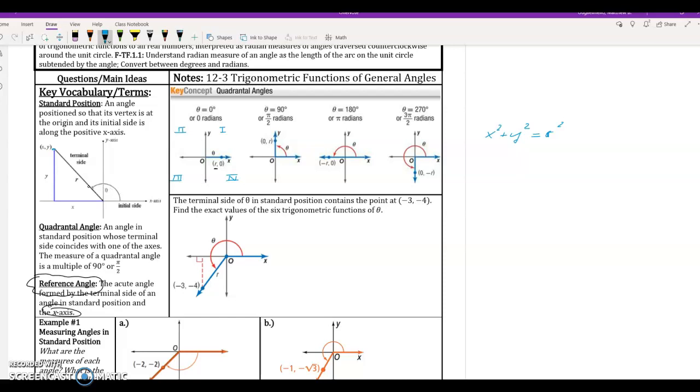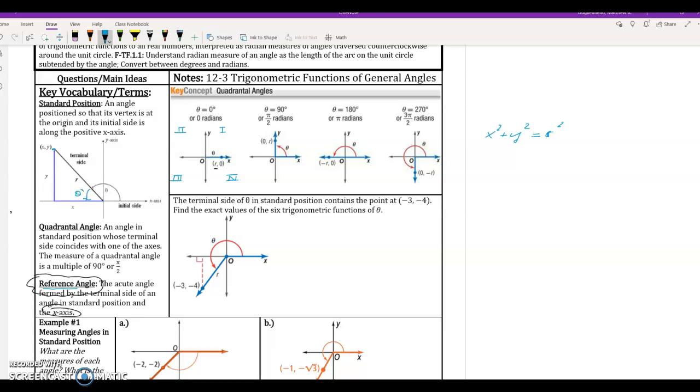Okay, so in this lesson we're going to be talking about angles that are not necessarily between 0 and 90. And so it's important that we talk about this reference angle vocabulary word. The reference angle describes the angle created by the hypotenuse that goes the shortest distance back to the x-axis. So in this picture right here, this angle inside the triangle is my reference angle for the larger one outside. So we call this theta prime.